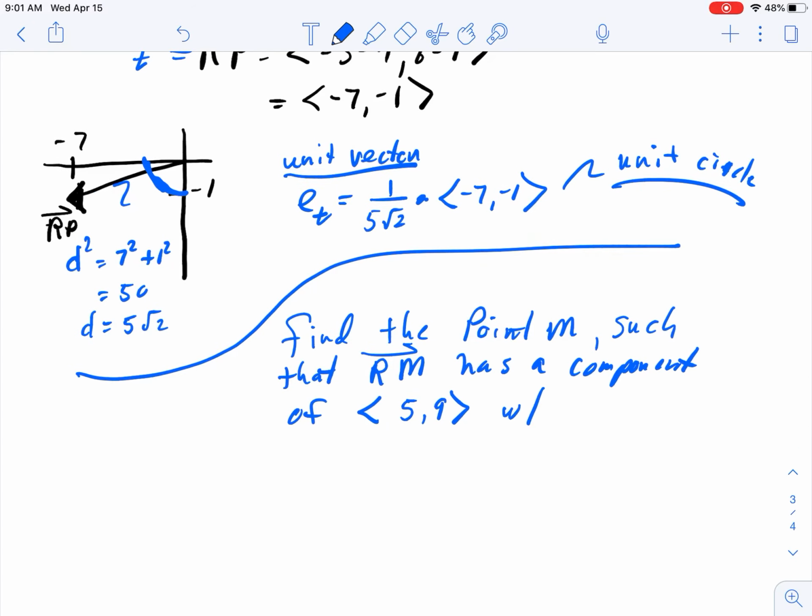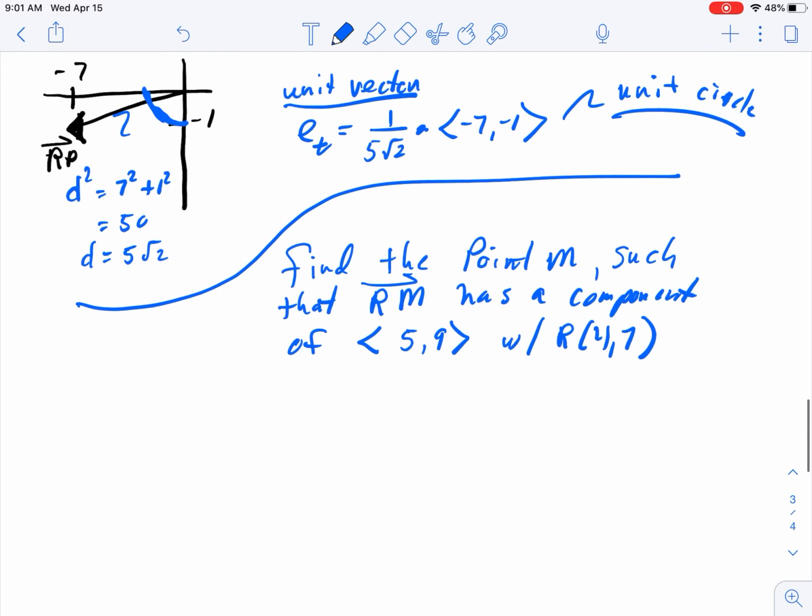Okay, now this is with regards to the point above here, that R was 4, 7. So we're finding a new value.